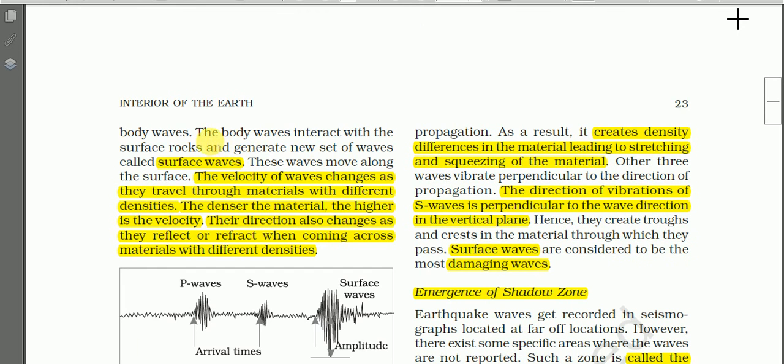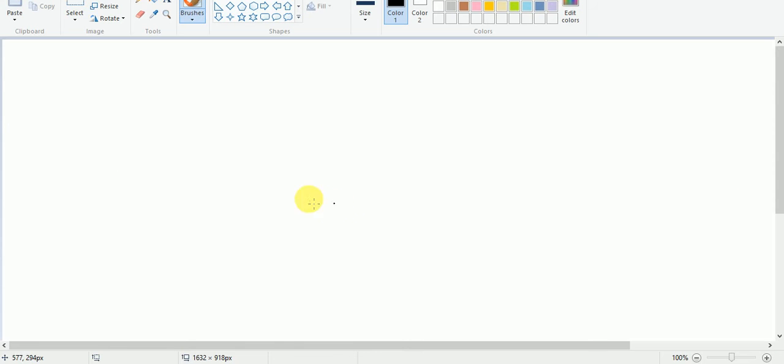And the body waves interact with the surface rocks and generate a new set of waves called surface waves. See here, say for example this is the earth, and here an earthquake has occurred, and let us suppose this is the point of origin of the earthquake, and from here body waves are propagated in all directions.